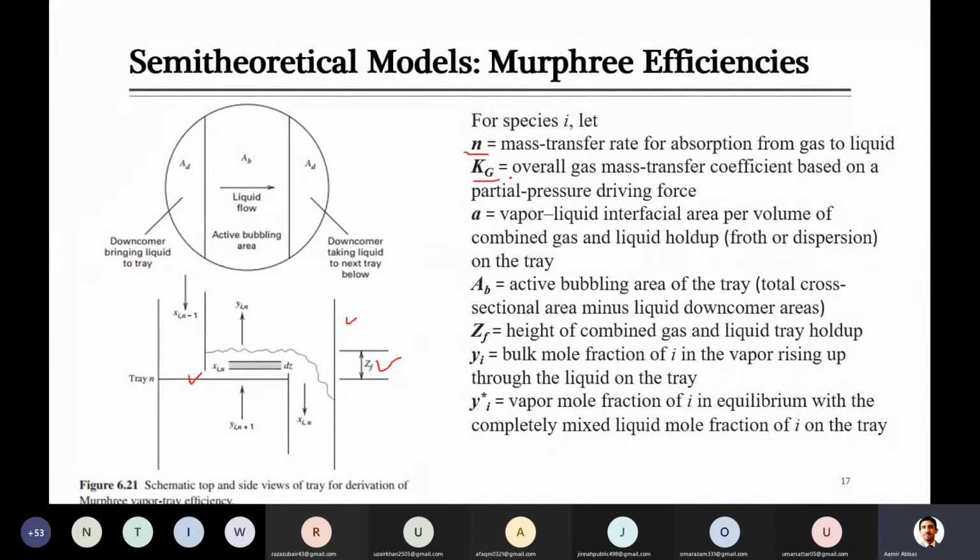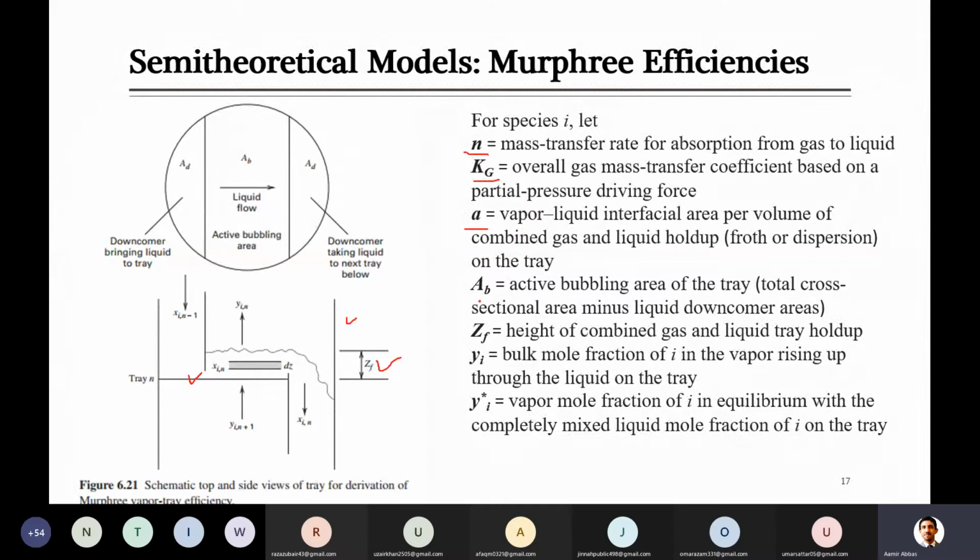So Kg, you know, is the overall gas mass transfer coefficient. That consists of the liquid as well as the gas mass transfer coefficient, and we call it the overall gas transfer coefficient. Then there is a small a, the vapor liquid interfacial area, the area where vapor and liquid come in contact with each other, the interface formed between vapor and liquid.